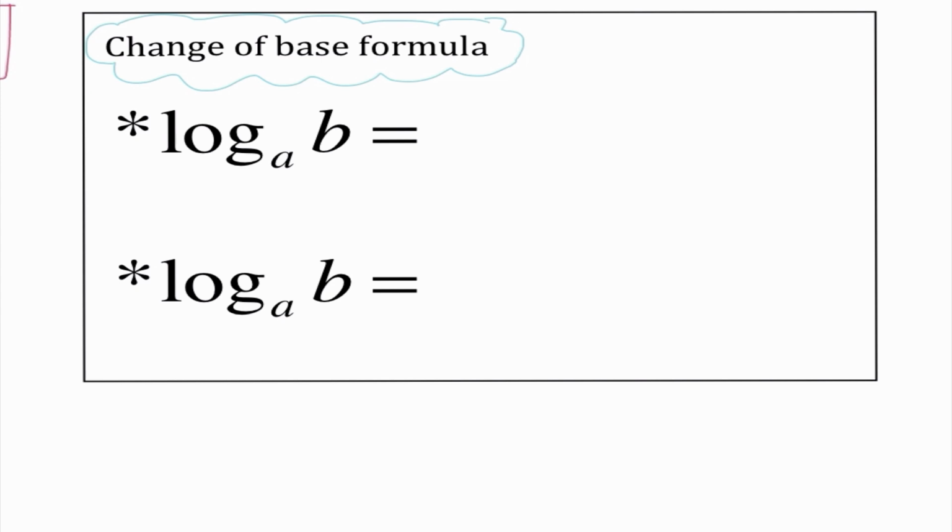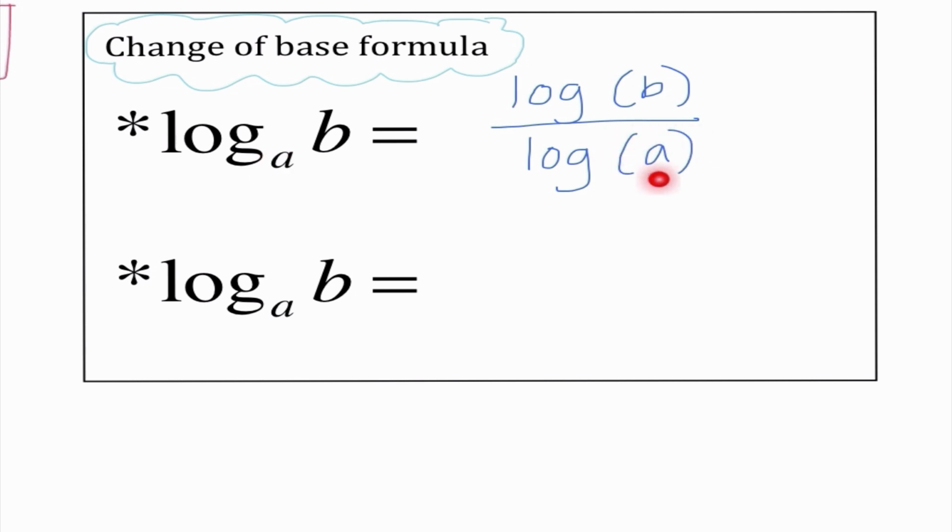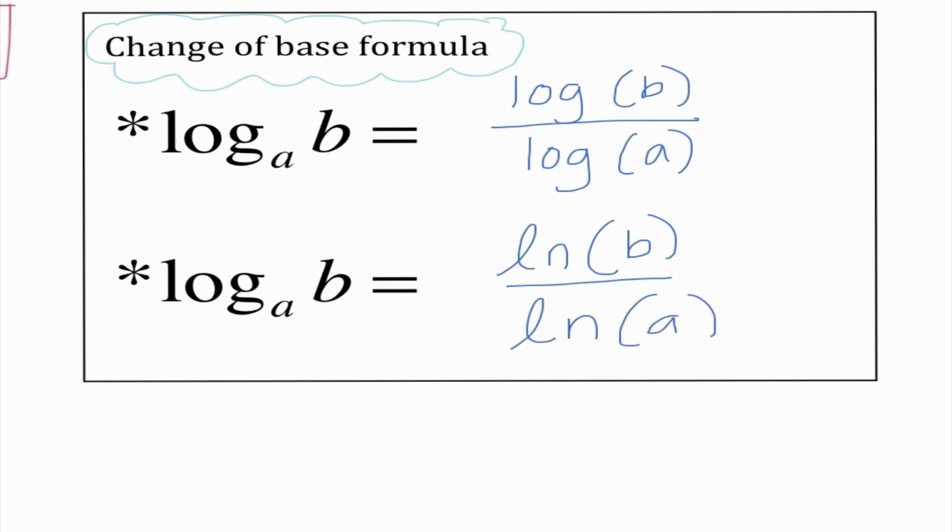So there's two ways we could do it. If I have log base a of b, it is going to become log of b divided by log of a. What I want to point out here is that whatever's in the subscript stays in our denominator. The other way we could do this, instead of using log, we could do ln of b divided by ln of a.